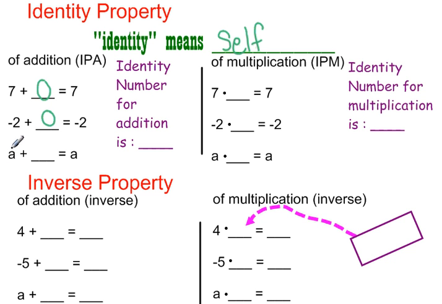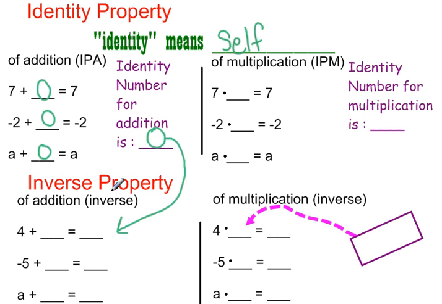So algebraically, any number, like the number A, plus 0 will equal that same number A. So I started as some number and I stayed that number. So the identity number for addition, we just figured out, is 0. It's going to be important to use this number right down here.